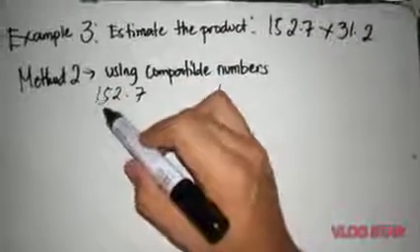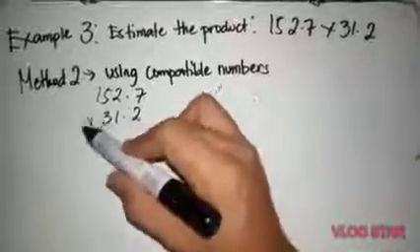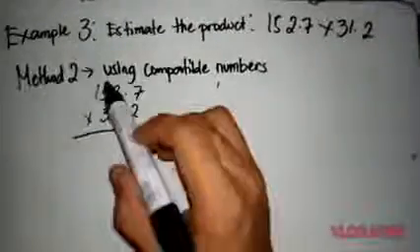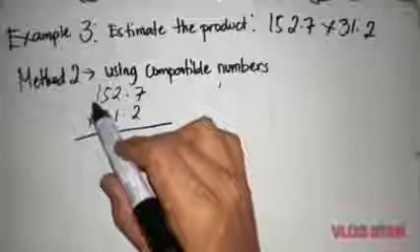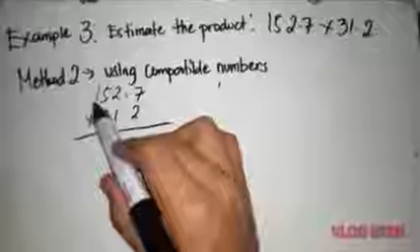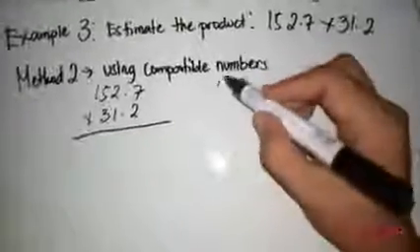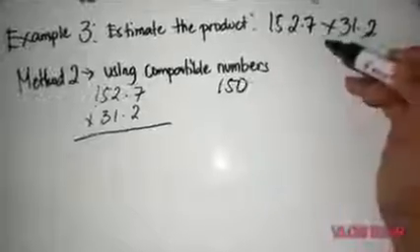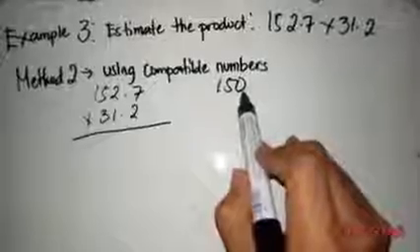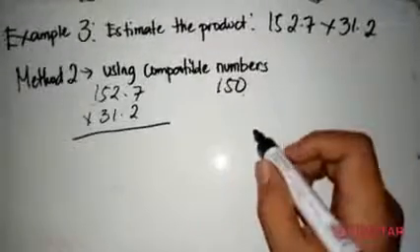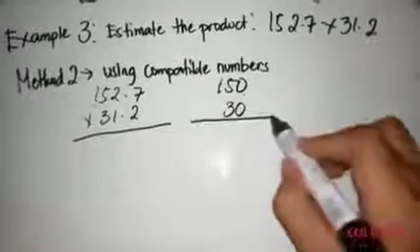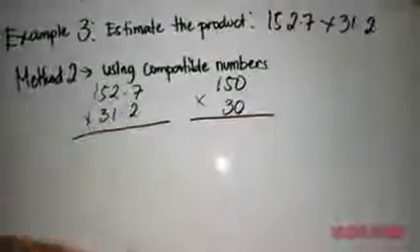What is a number that is a multiple of 10 and near to 152? That is just 150. So 152 and 150 is close enough, and 150 is a compatible number. Next, 31.2, then we can make it 30. So multiply.